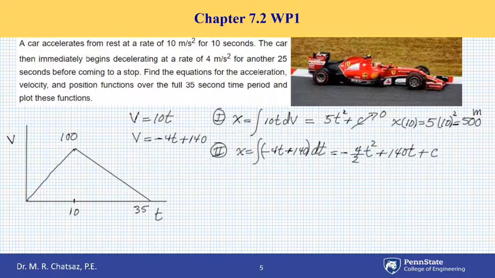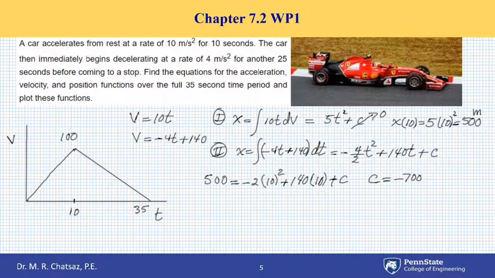If I plug 10 seconds into this equation, I get the following. 500 equals minus 2 times 10 squared plus 140 times 10 plus c. Solving this equation for c, we get 700 minus 1400, we get minus 700.